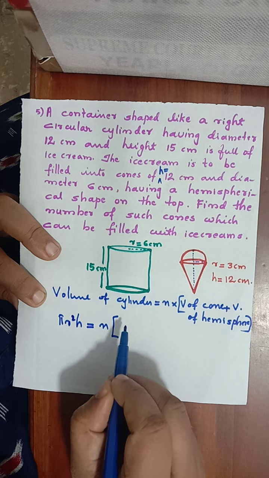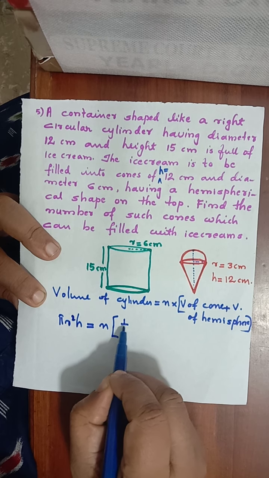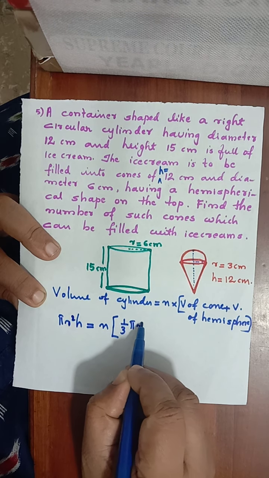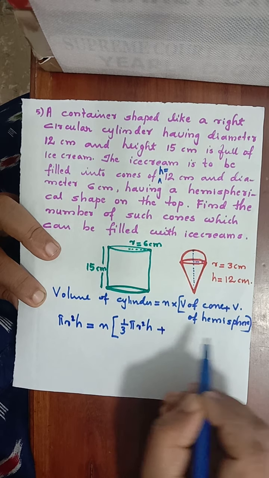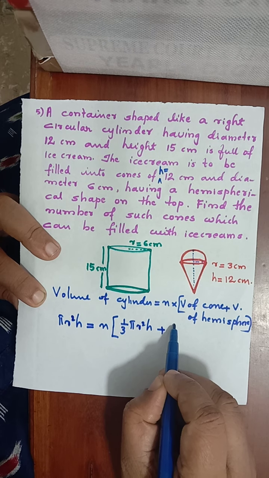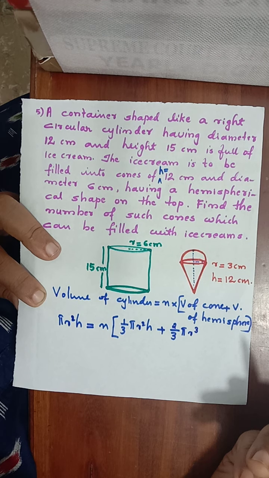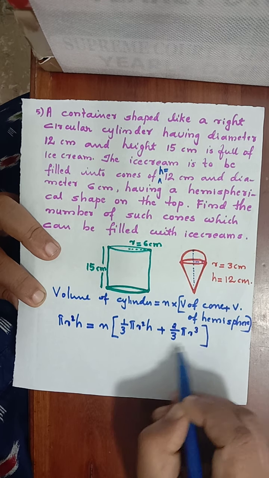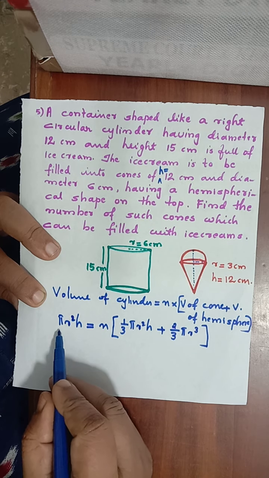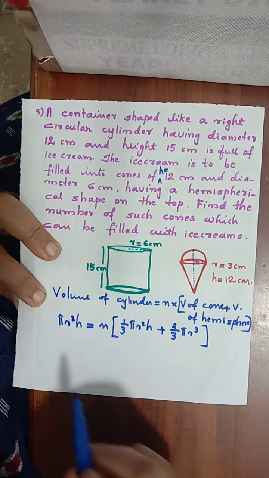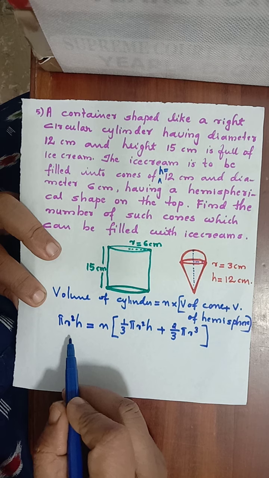Volume of cone is 1 by 3 pi r square h, plus volume of hemisphere is 2 by 3 pi r cube. So now let us substitute. Pi value we don't want to substitute, common pi is there, so you will be able to cancel.